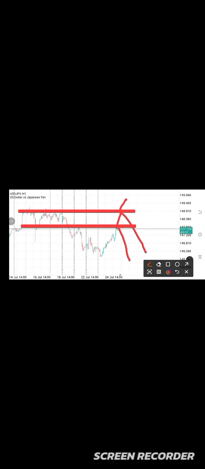Those are the possibilities we are looking at. But this also depends on the fundamentals. We align what the fundamentals are saying with our technicals, and once they align, we enter the trade. So that is what we are looking out for on USDJPY.